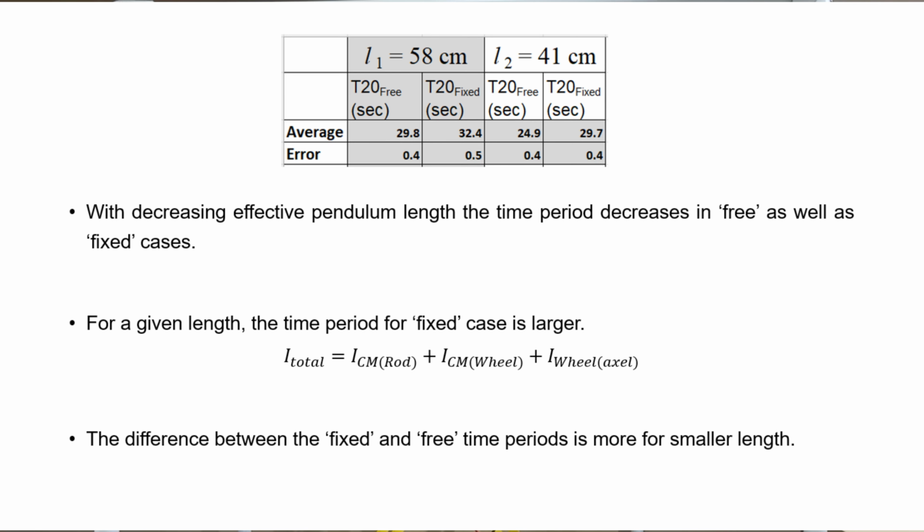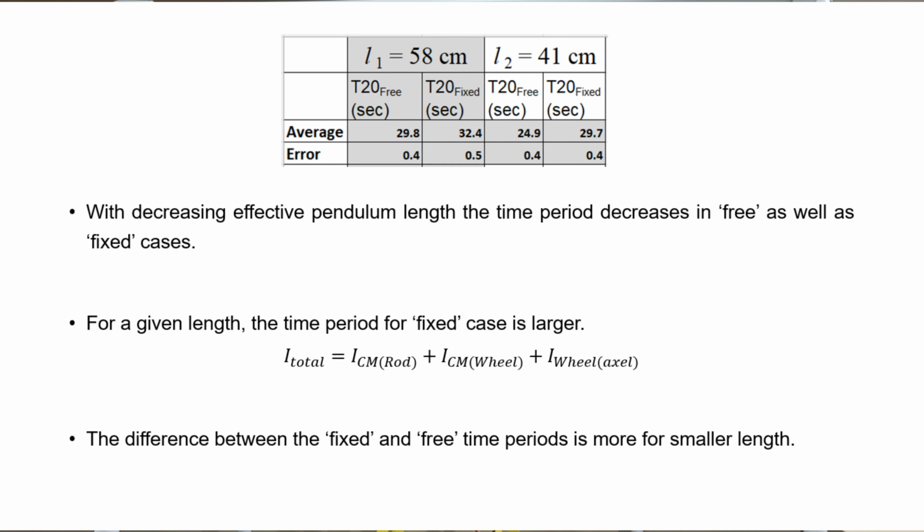We can also see that for a given length, the time period for the fixed case is larger. Like for this 58 centimeter, the time required for free oscillations was 29.8 seconds. On the other hand, for fixed, it is 32.4 seconds, slightly higher than 29.8. This happens because when we talk about the moment of inertia of this pendulum, we have three contributions.